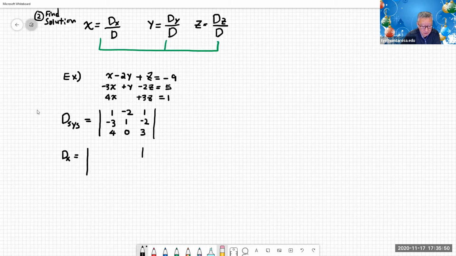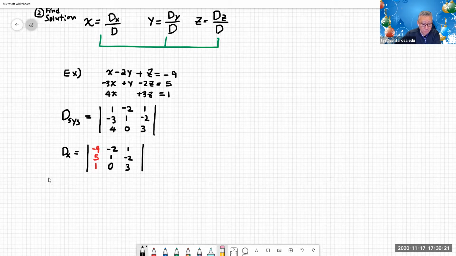Now remember, for the determinants of x, y, z, the x column, y column, and z column get replaced by the constant numbers here, right? So for the determinant for x, we're going to replace the 1, minus 3, and 4 with minus 9, 5, 1. So we're just going to place that here. And the remaining ones stay the same: minus 2, 1, 0, 1, minus 2, and 3.